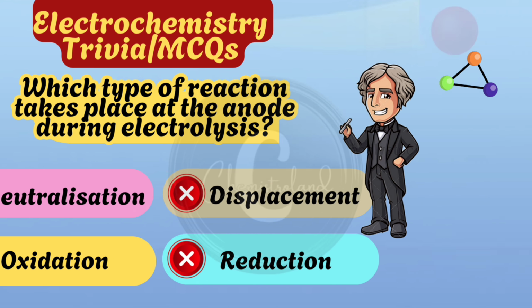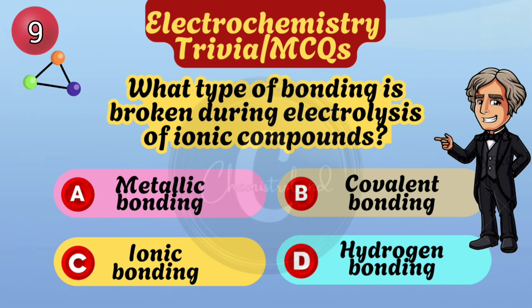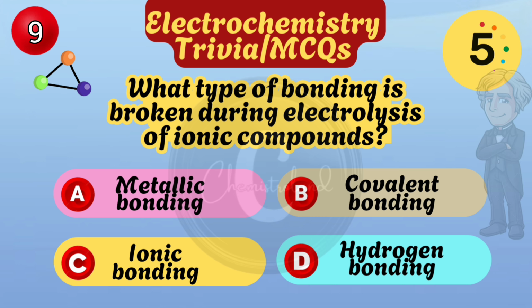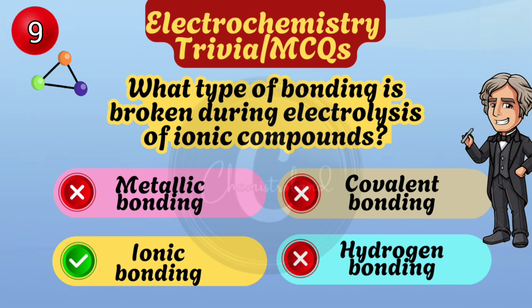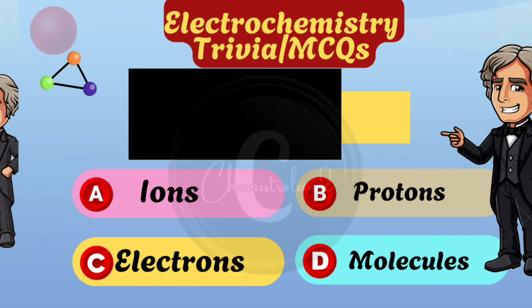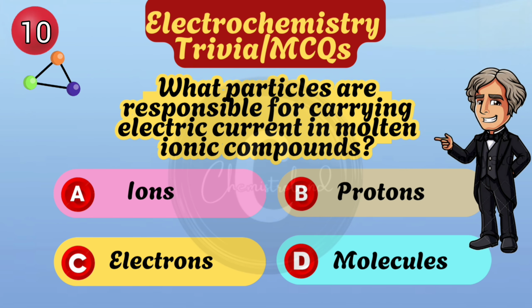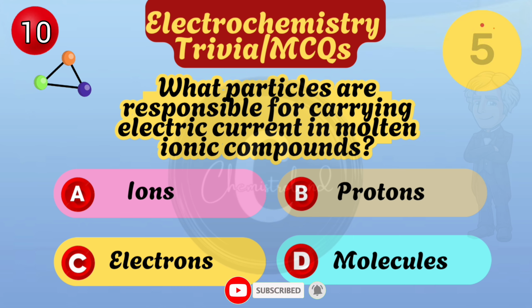Oxidation. What type of bonding is broken during electrolysis of ionic compounds? Ionic bonding. What particles are responsible for carrying electric current in molten ionic compounds?